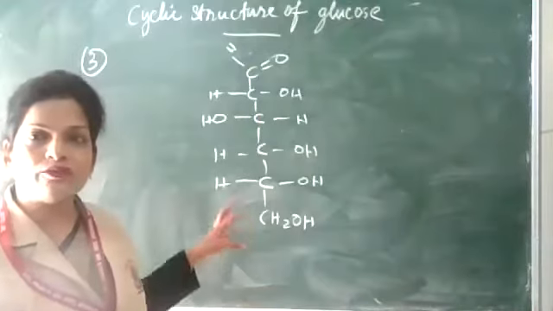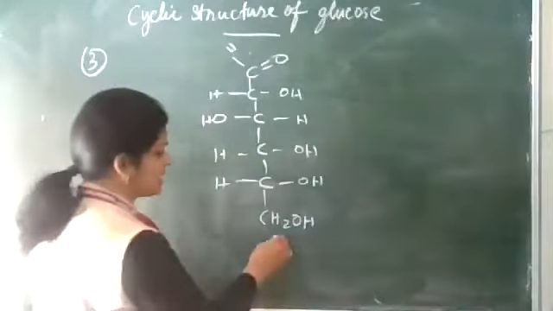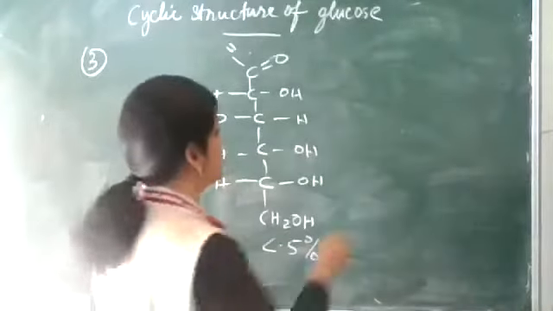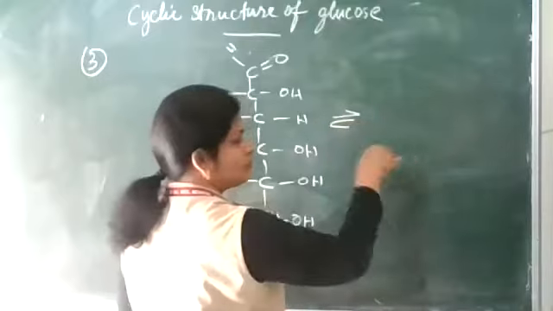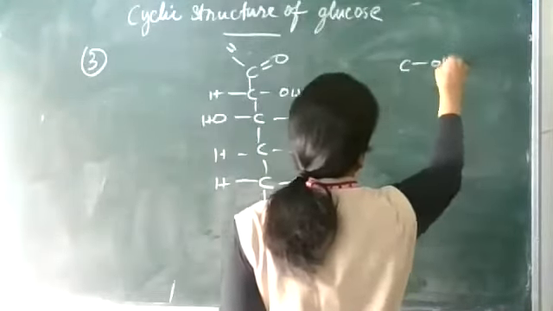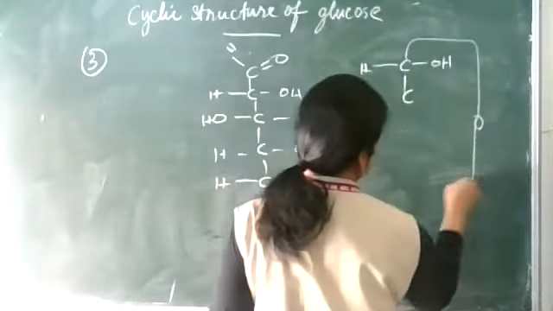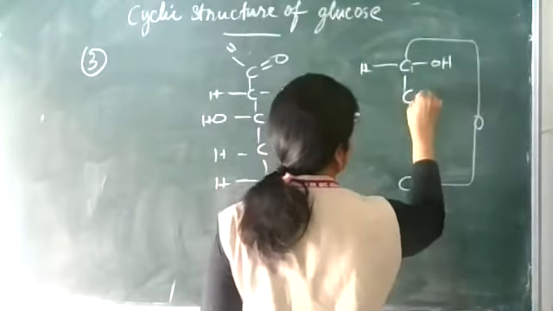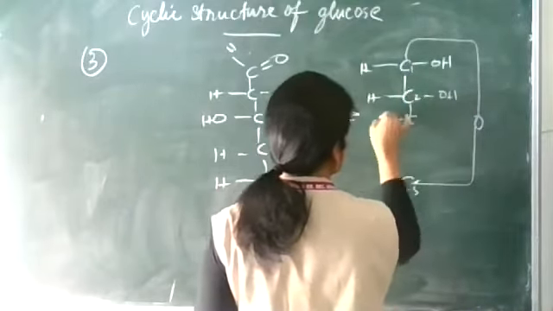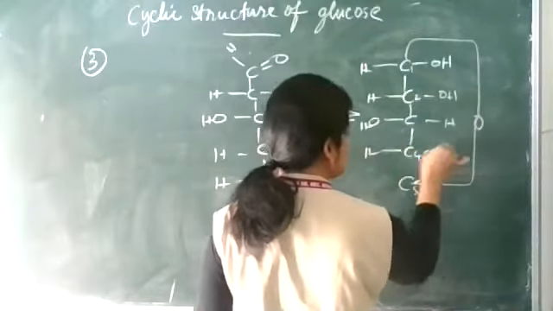But the amount of this open chain structure is very small, less than 0.5% in a sample that you take. It is in equilibrium with the alpha form. What do we call alpha? This is with the C5. This is C1, C2, with H, OH, C, OH, H, C4, H, OH.